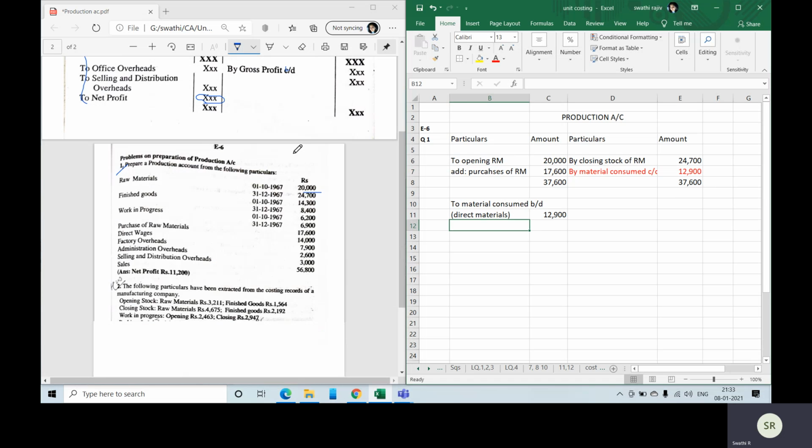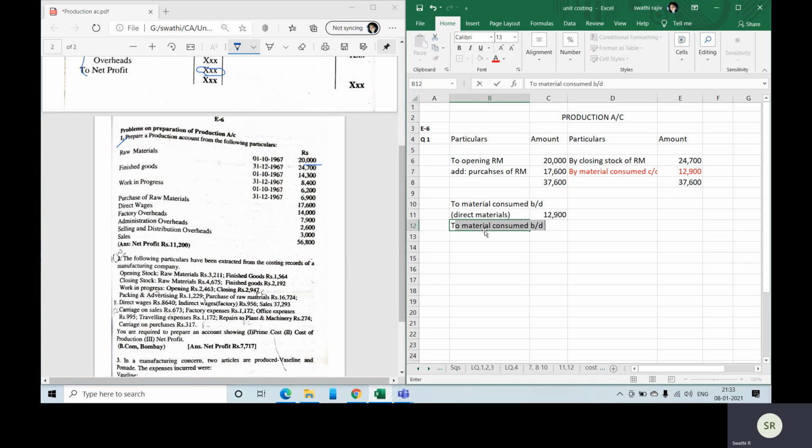We are going to find prime cost. And after that, we have to add direct wages. Direct wages, if you can see here, direct wages are given as 14,000. We don't have direct expenditure given in this question, so we don't have to keep searching for it. 4, 5, 6. So 26,900, and out here your prime cost will also be the same amount.